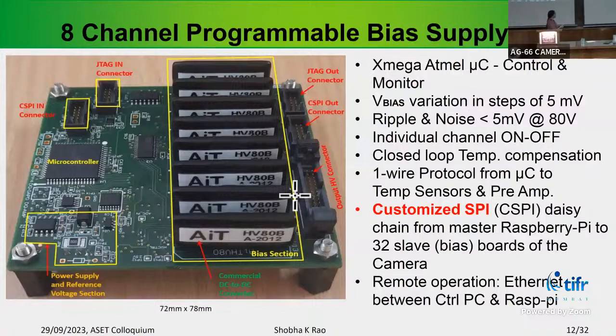So what we have done is customize our device using a daisy chain concept, reducing the slave lines to just an additional 2 lines called board select and board select clock. We have achieved this entire control of the bias card. And the remote operation from the main control PC is through Ethernet.